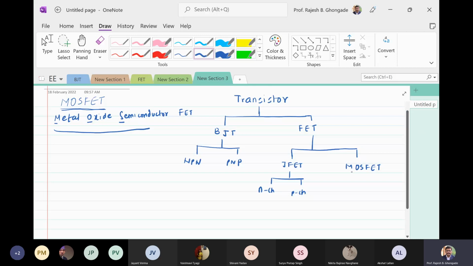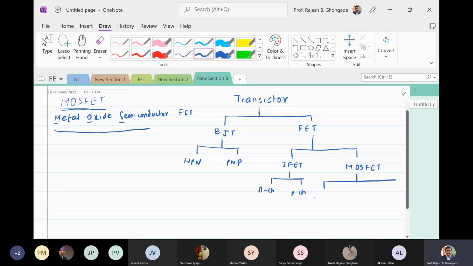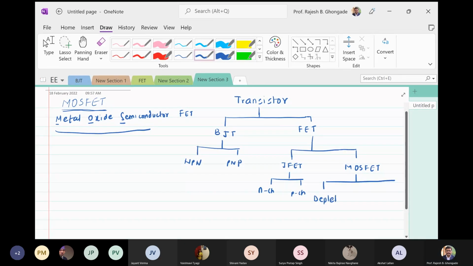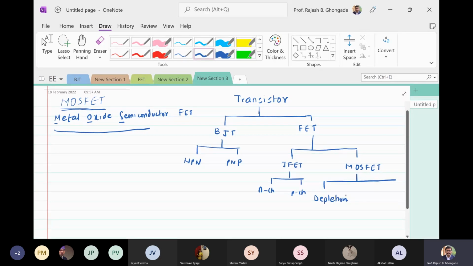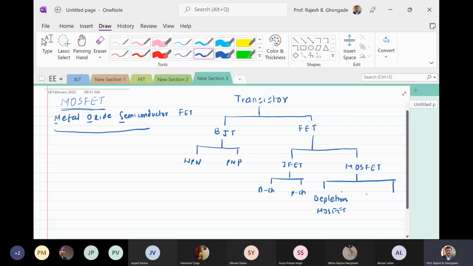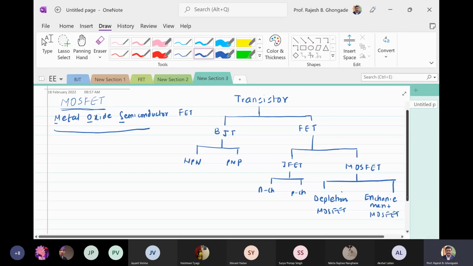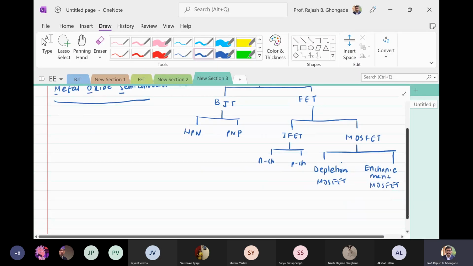So in MOSFET device, there are again different classes. We have the depletion MOSFET and we have the enhancement MOSFET. Okay, and each of them will be having different, again, N channel and P channel and so on and so forth.